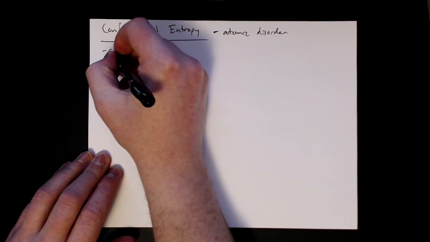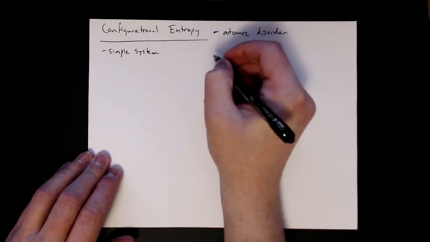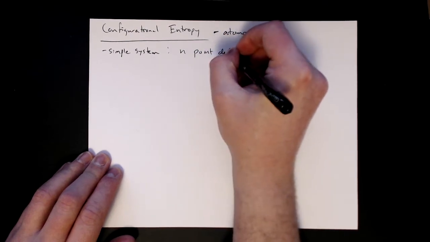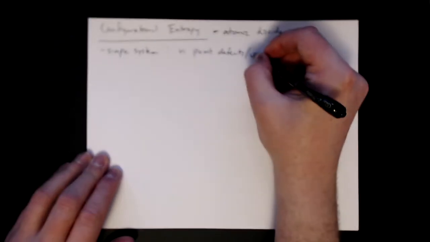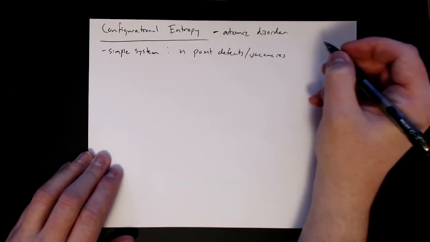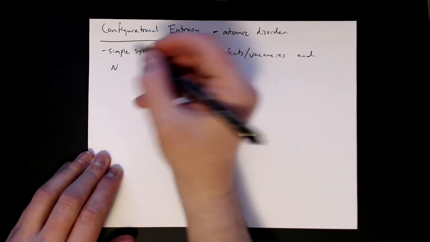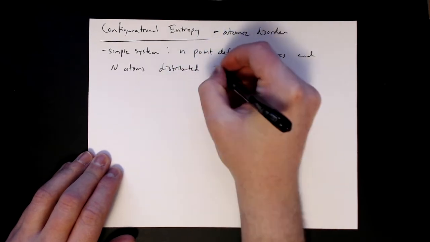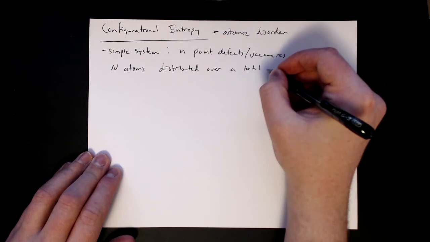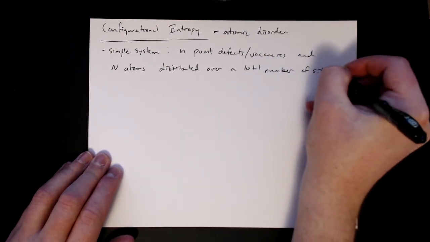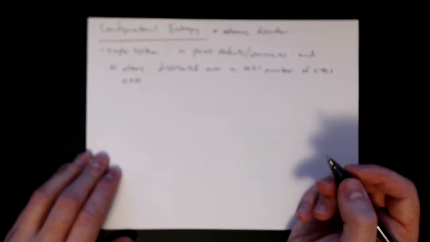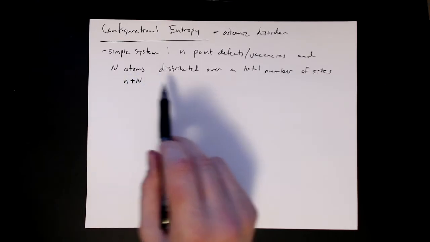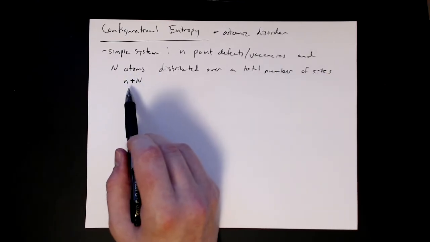Let's consider a simple system, and we have lowercase n point defects, or vacancies, and we have capital N atoms, and those are distributed over a total number of sites equal to lowercase n plus capital N. So we have n point defects or vacancies, and then capital N atoms, and they're distributed over a total number of sites, and that's just the sum of those two numbers.